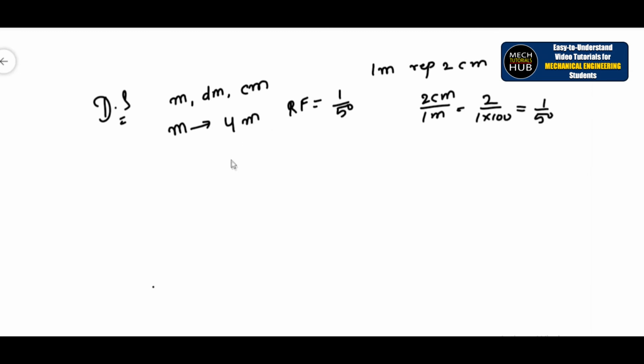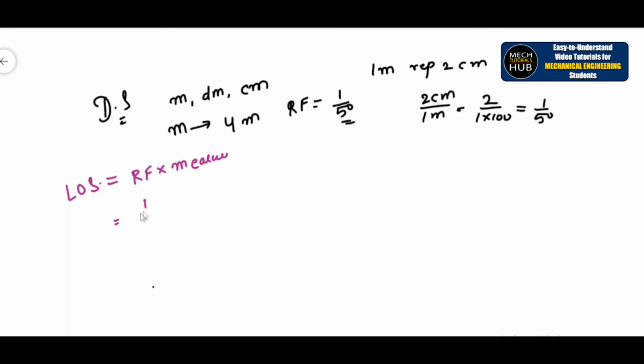Okay, so here what we will try to do now is the length of scale needs to be calculated as RF is directly given. To get that length of scale, the simple formula is length of scale equals RF multiplied by measure distance.